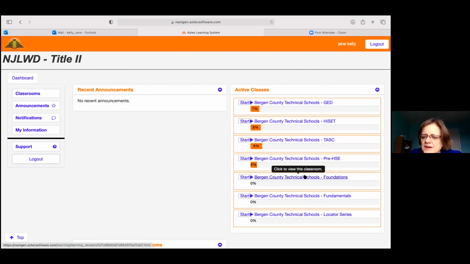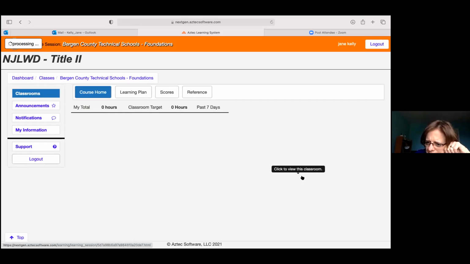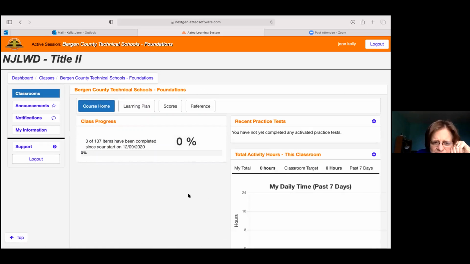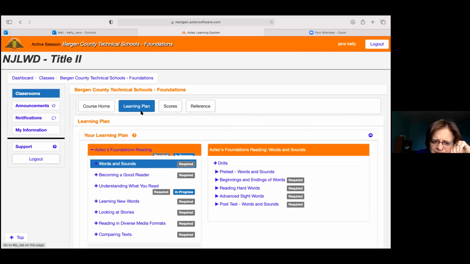Your student who is very, very low would have just the box that says Foundations. He or she clicks on it, and you have to tell them to look all around for the learning plan.